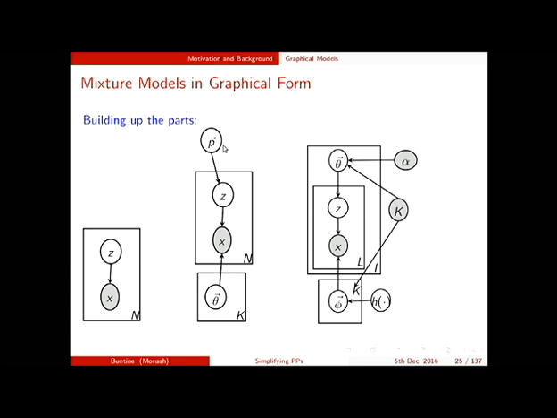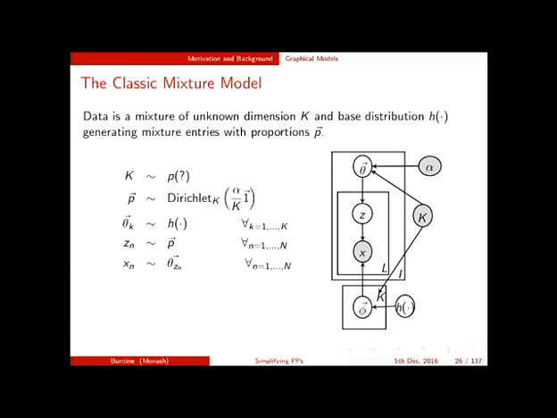This latent variable z is generated from this vector p, and here we have it. In form, we generate our latent variable from this probability vector. We generate our x from the thetas.